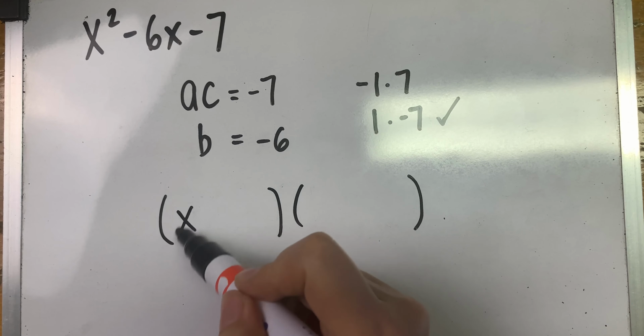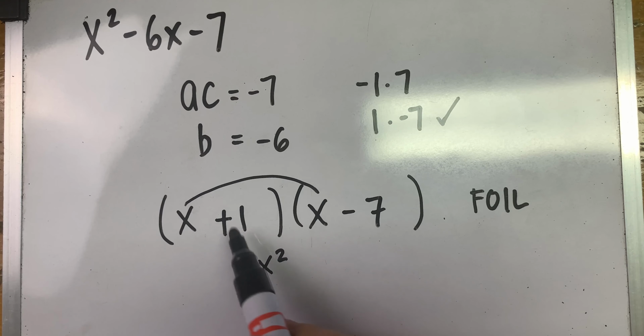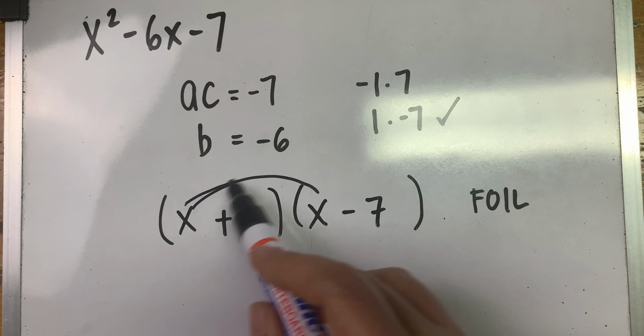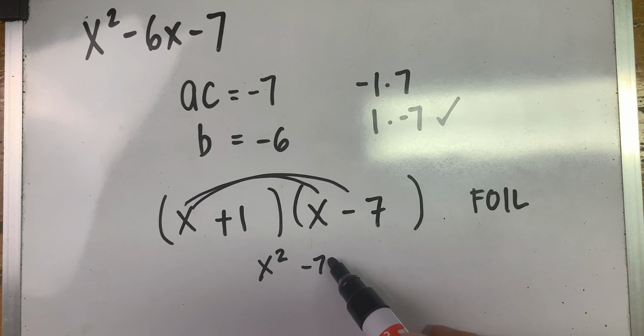Paano natin malalaman kung tama yung sagot natin? Gamitan natin ng FOIL method again. Okay, sa FOIL method, x times x is x squared. X times negative 7 is negative 7x. 1 times x is positive x. 1 times negative 7 is negative 7.